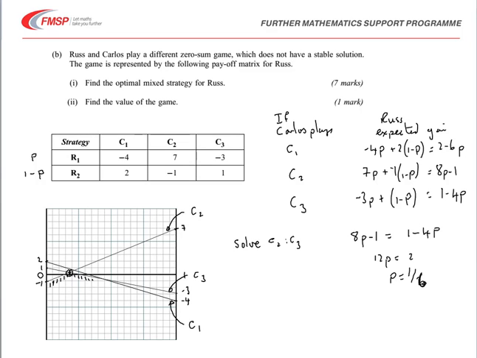So the mixed strategy for Russ that we're asked to find is that Russ should play R1 1/6 of the time, so with probability 1/6, and his other strategy R2 with probability therefore 5/6.